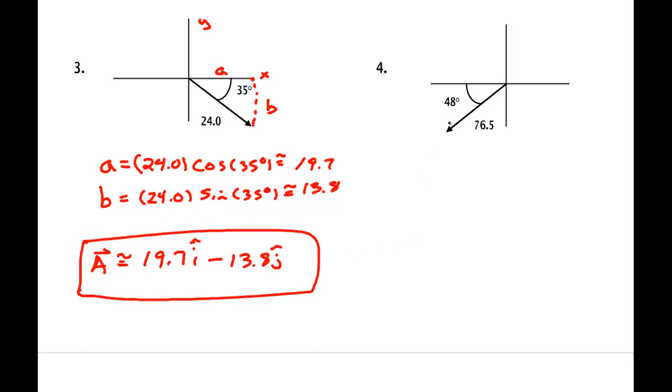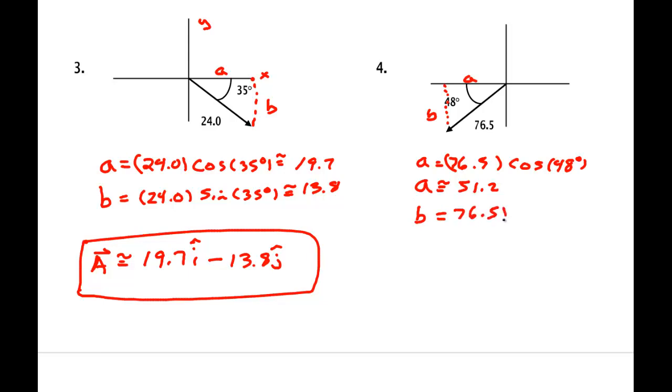Problem number 4. There we go. So there's my A, there's my B. A is 76.5. We're looking at the adjacent side, so cosine of 48 degrees. So A is approximately 51.2. B is 76.5.